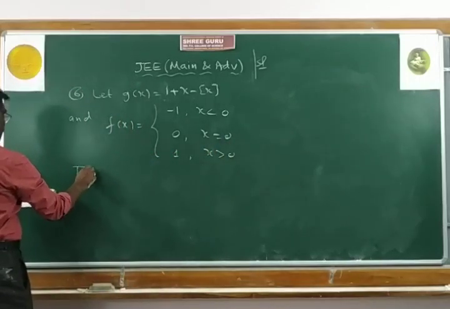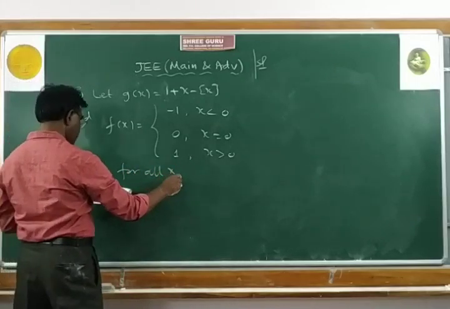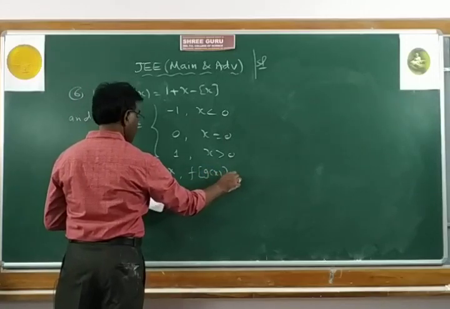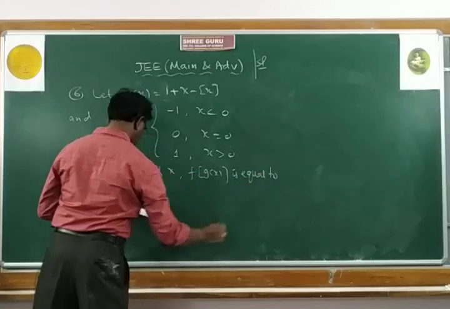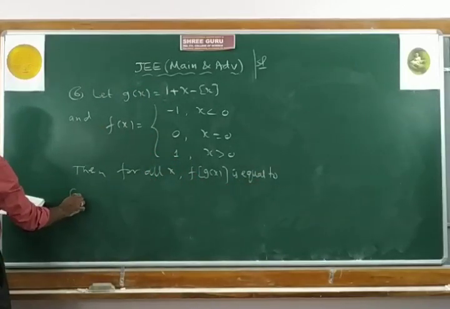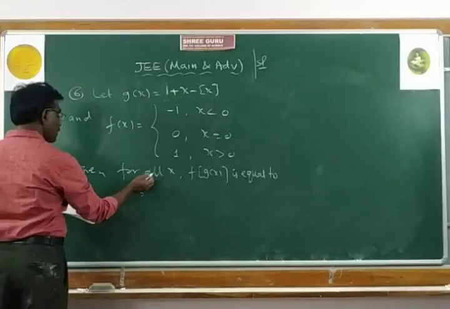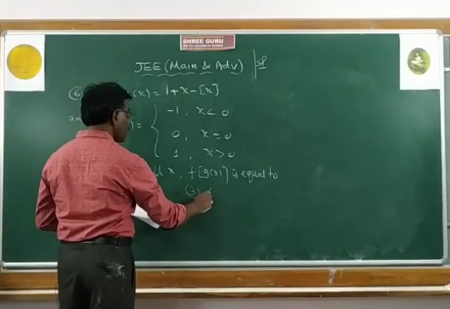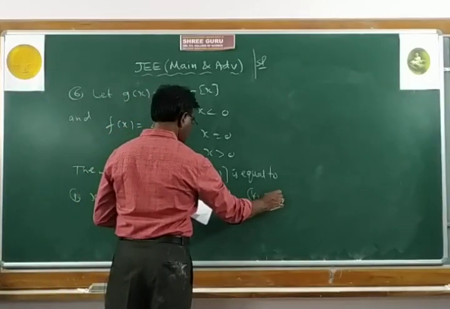Then for all x, f of g of x is equal to: first option x, second option 1, third option f of x, fourth option g of x.